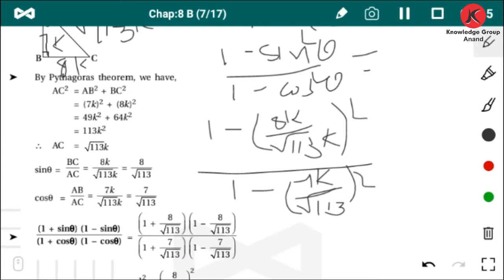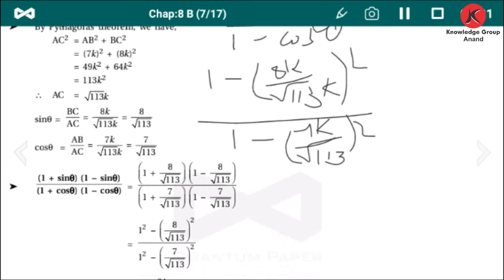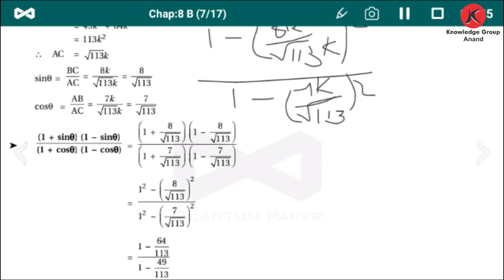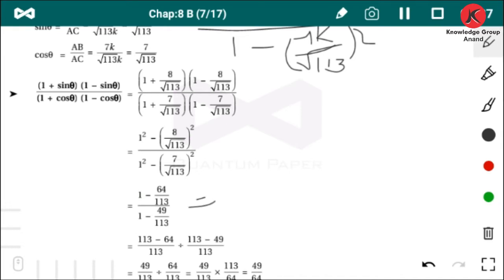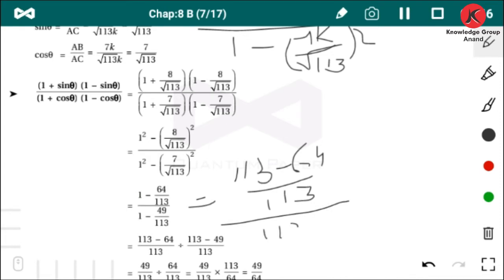This is equal to 1 minus 64 upon 113 over 1 minus 49 upon 113. Then we write 113 minus 64 upon 113 over 113 minus 49 upon 113.